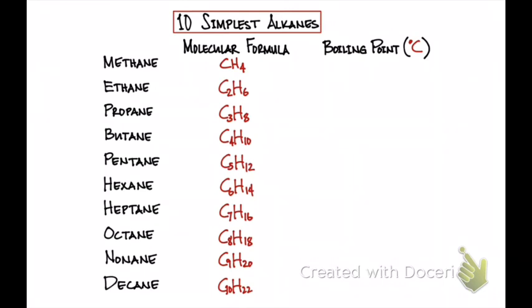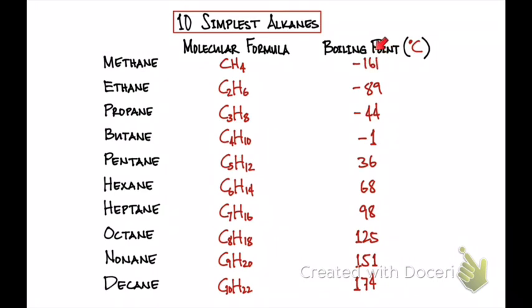And the importance of the number of carbon atoms is in their physical properties, like, for example, boiling point and melting point. The higher the number of carbon atoms, the higher the boiling point of that alkane. So, for example, when you look at methane and compare that with the boiling point of decane, you can see methane boils at negative 161 degrees Celsius.